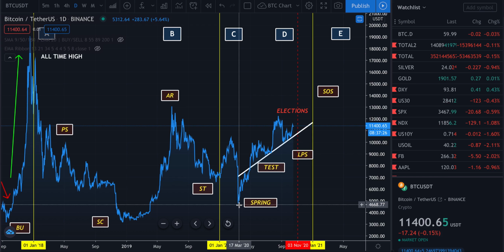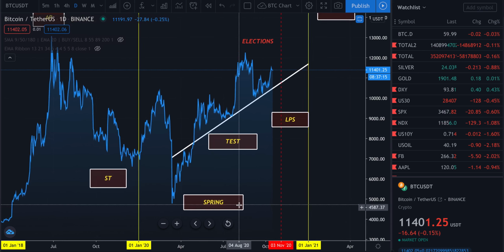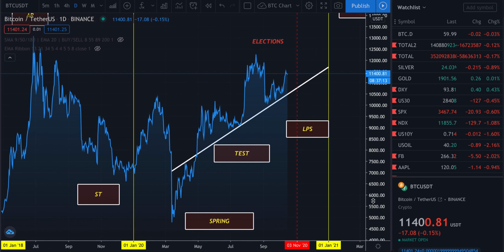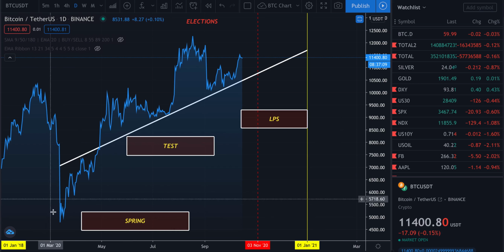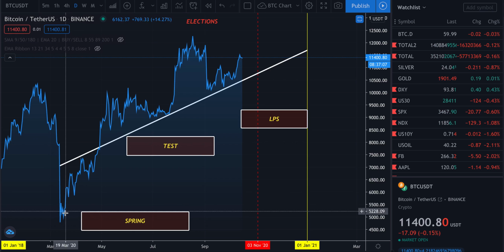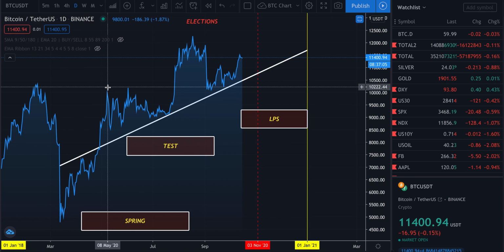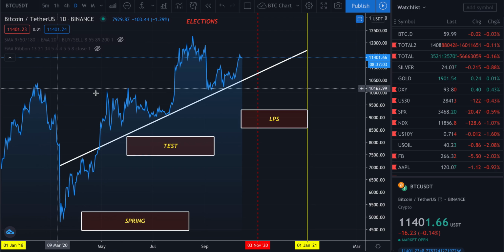So here's where we've been since March. Now, as you guys know, since March, we've had a collapse in the markets and we've been heavily affected economically by the C word. So let's just zoom in a little bit and see where we're at on the shorter time frame. We had the spring, which is in this March area, and then we automatically went back up to test previous levels.